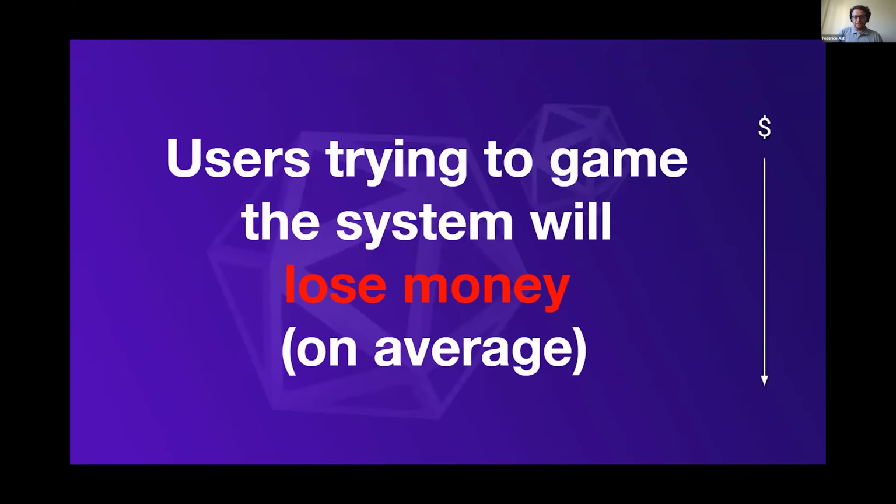So with this mechanism design, the goal is to have incentives where people who behave dishonestly, like by taking bribes or just voting randomly, will tend to lose money over time on average. They can, like voting randomly, of course, be on the right side of the majority in some cases, but on average they're going to lose more money than what they make, and they are going to exit the system.